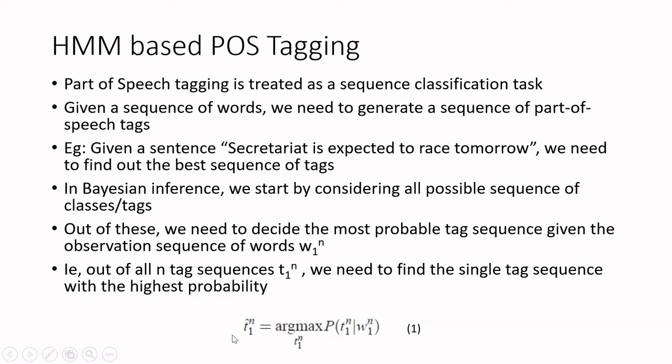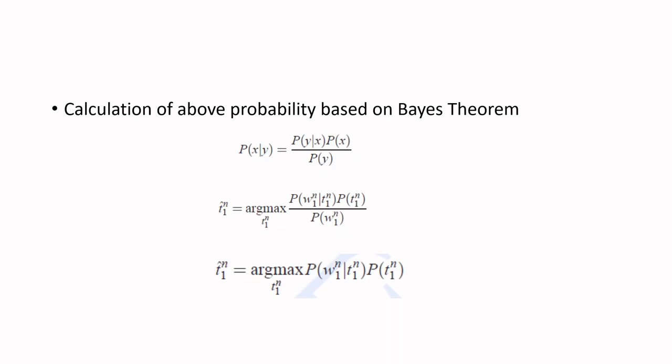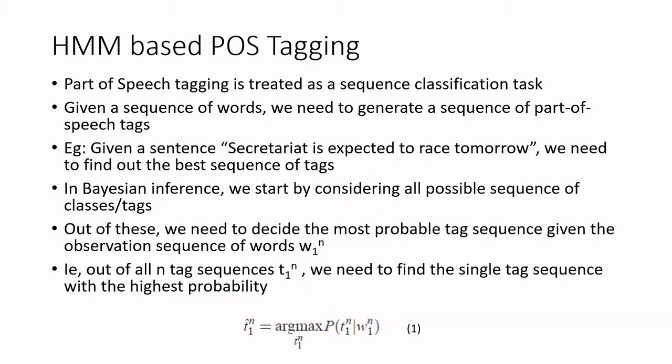Now we look at how we are going to do the computation. If you look at this probability, T1 raised to n means you have tags T1, T2, etc. up to Tn, a sequence of tags of size n, where n can be of any length depending on the sentence length.